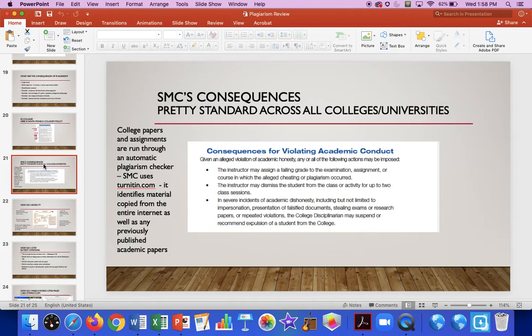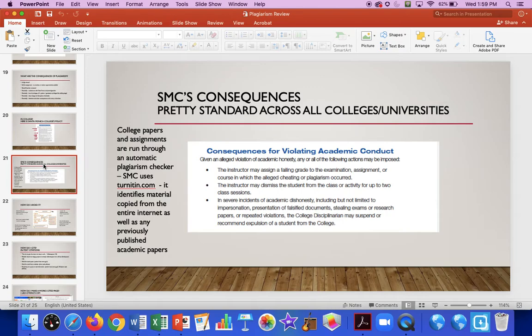All college papers and assignments are run through an automatic plagiarism checker. Santa Monica College uses Turnitin.com, and it identifies material copied from the entire internet, as well as any previously published academic papers. So it's instantaneous, and it will put your paper or your assignment against the entirety of the internet, and it'll give you a percentage.